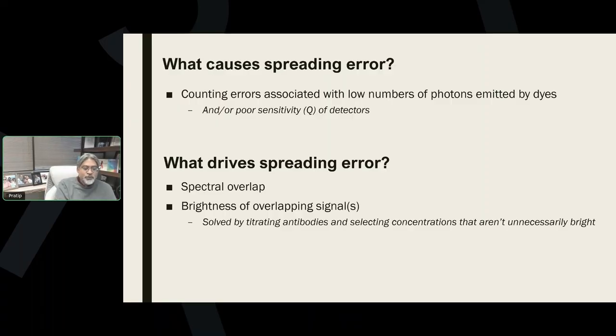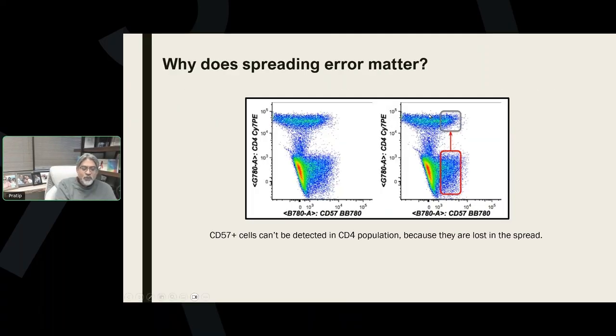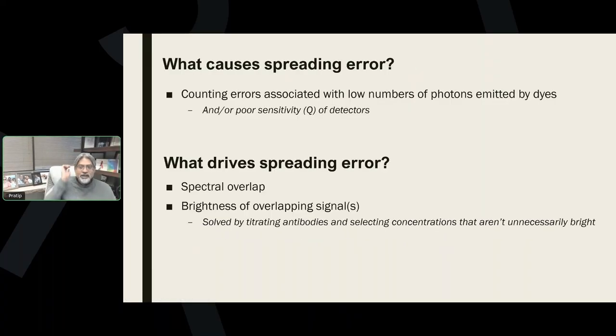So for example, if we had actually titrated down the CD4, there would be less spreading error of that marker, and perhaps we'd be able to resolve the CD57. In this case, it's likely too dim to resolve, but that's an important way that we deal with spreading error. So the brightness of the overlapping signal matters. It's solved by titrating antibodies and selecting concentrations that aren't unnecessarily bright.